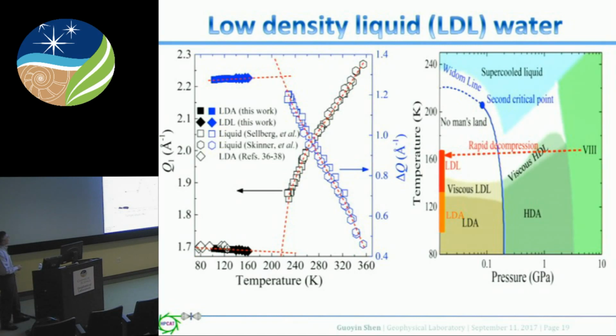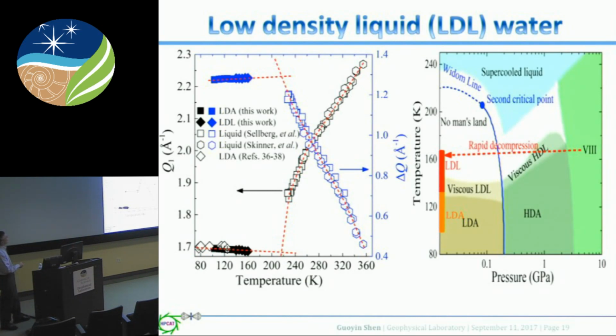Plotted here is the position of the first peak. It also shows a strong temperature dependence for the first peak. The solid symbols here, this separation part, are from our measurement. We have also some data for low density amorphous that is below like 130 Kelvin.